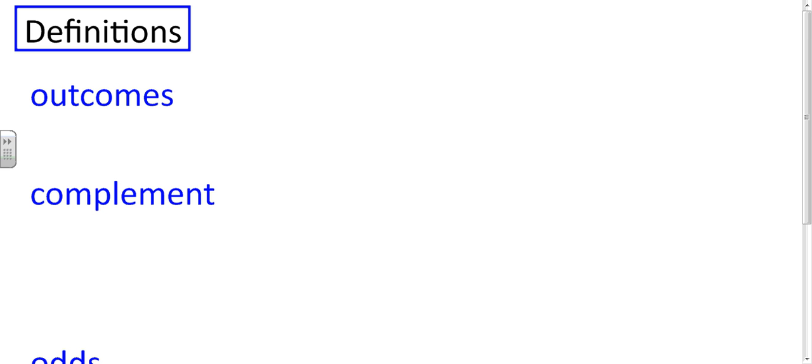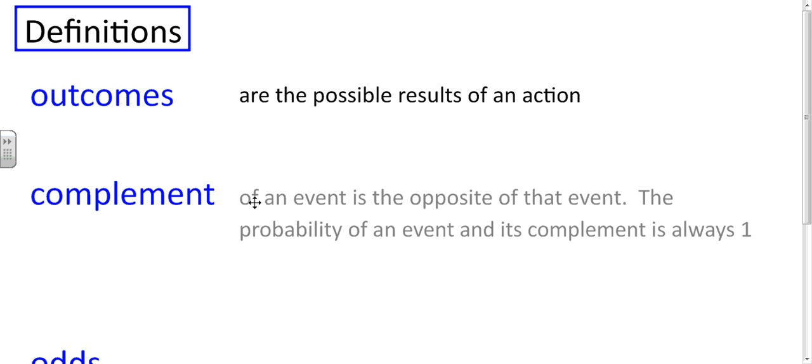A few more definitions to get to. Outcomes are the possible results of an action. So if I'm rolling a six-sided die, the possible results, the outcomes, are I could get a 1, a 2, a 3, a 4, a 5, or a 6. And then the complement of an event is the opposite of that event. The probability of an event and its complement is always 1.